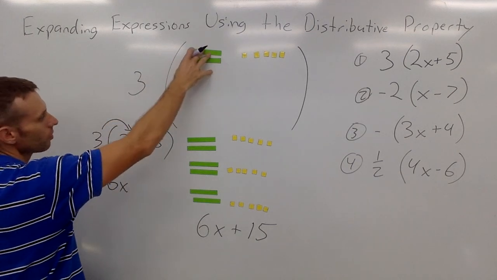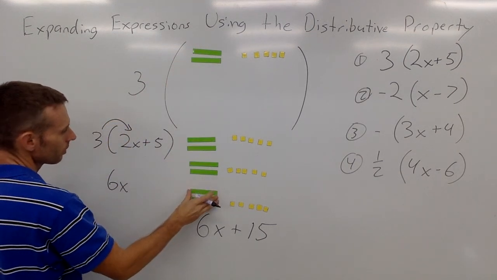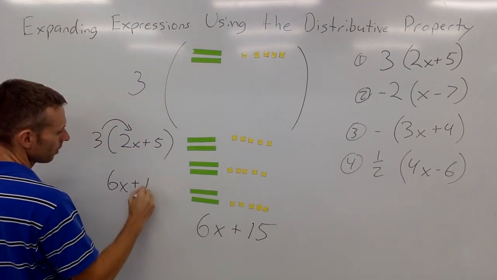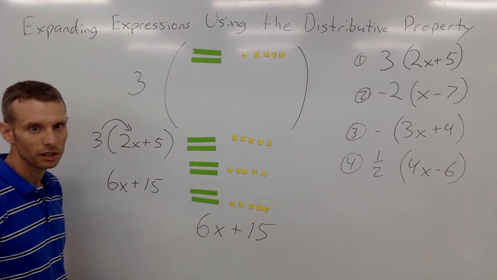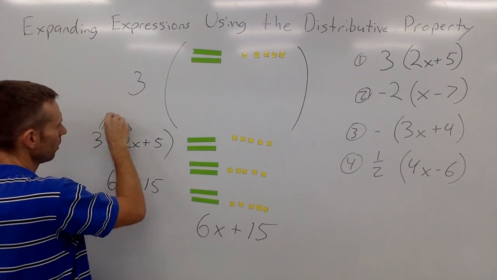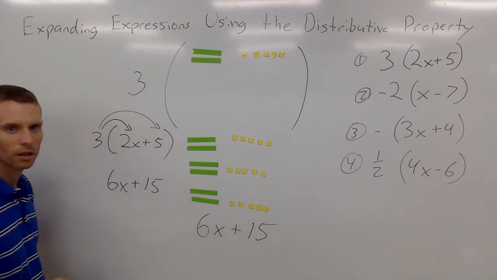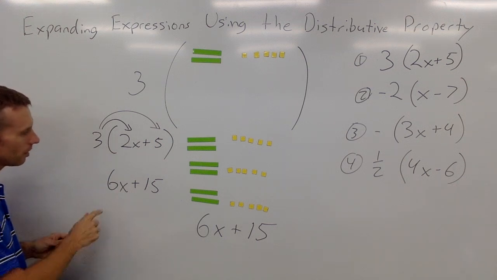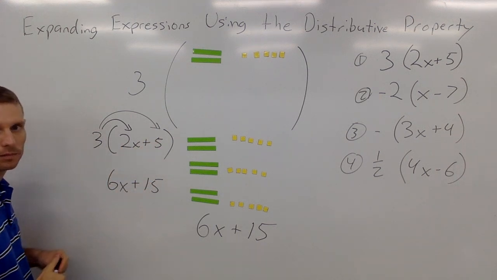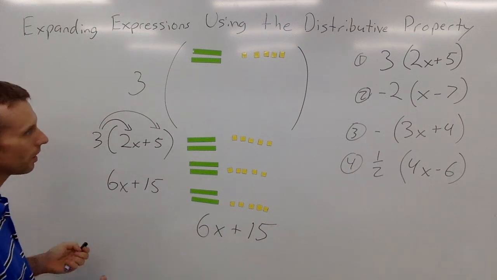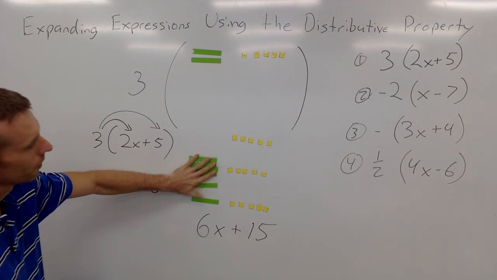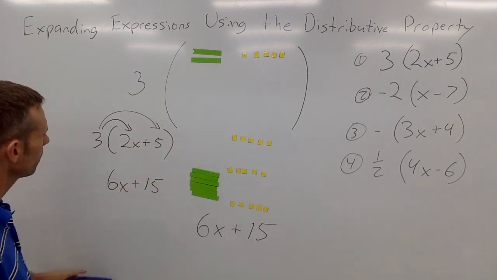And 3 times 5 gives us positive 15. That's the way we show this without modeling it. Very important to keep the signs. This one wasn't too difficult because they were all positive. But it's important to keep the signs straight.